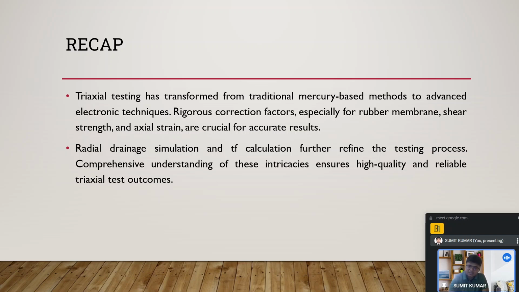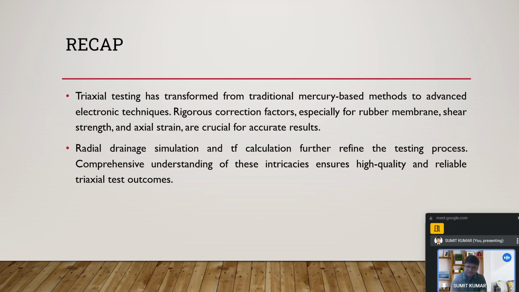After this we take a recap of these sections, where we studied some concepts. Triaxial testing has transformed from mercury-based methods to advanced electronics techniques. In this section, we have gone across the advancements specifically in this test, from traditional techniques to modern techniques, and the different correction factors we have understood for the rubber membrane, shear strength and the axial strength, which are also very crucial for us.